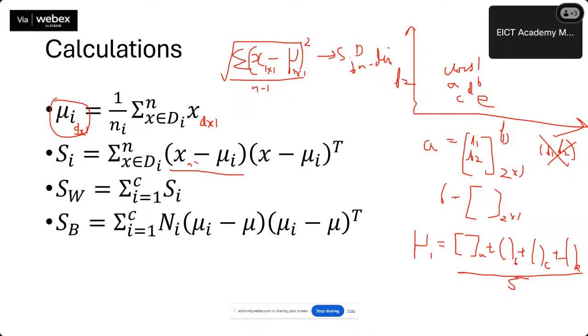So my x is probably a d cross 1 vector, my mu is a d cross 1 vector, and similarly for the other one. And this will become a d cross d covariance matrix.